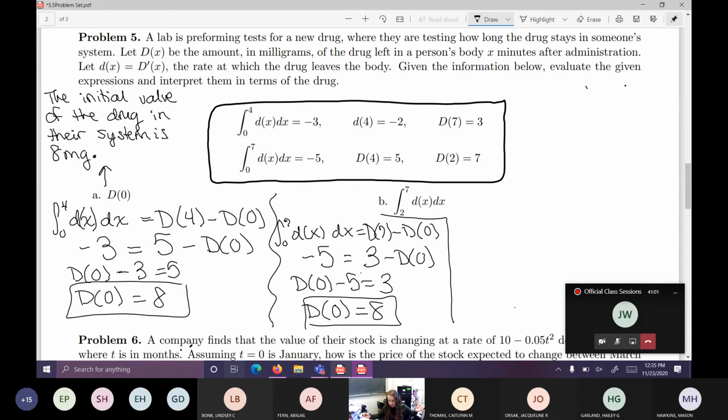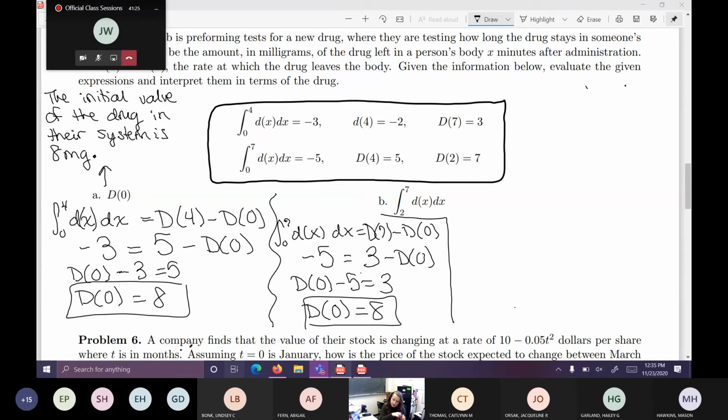There's 8 milligrams of the drug in their system at the beginning of administration. There's 8 milligrams of the drug after 0 minutes, anything that gets the point across. So the 0 minutes in my interpretation is wrapped up in the initial value phrase.